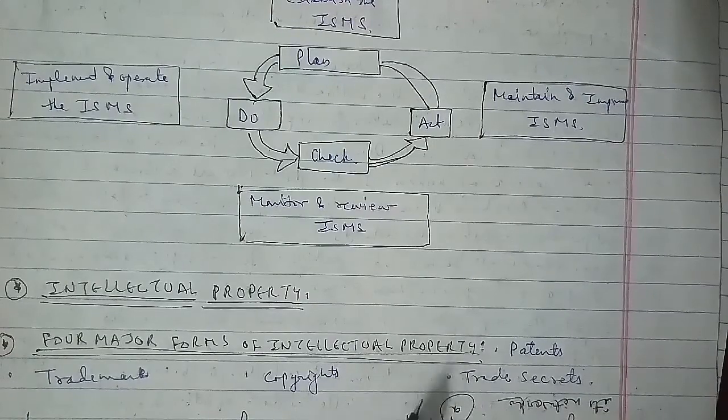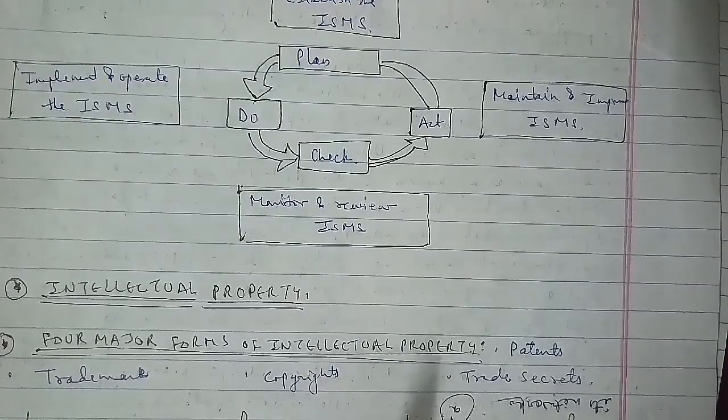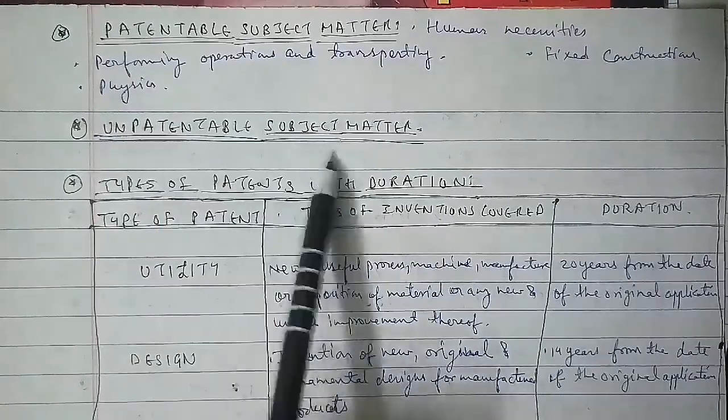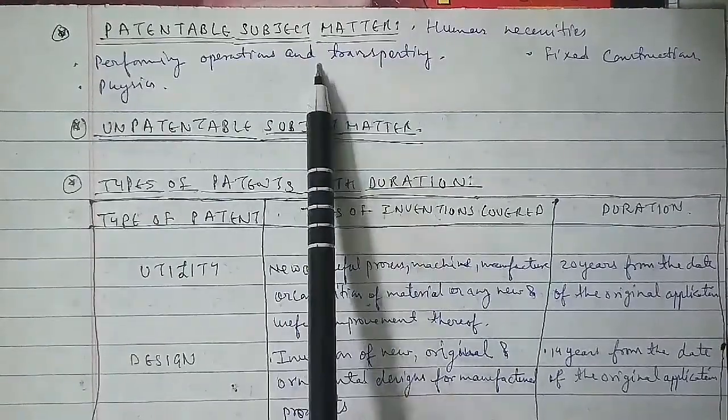In terms of patentable subject matters, we have human necessities, performing operations and transporting, fixed constructions, and physics. Human necessities include agriculture, food, tobacco, personal or domestic articles, health, and amusements.